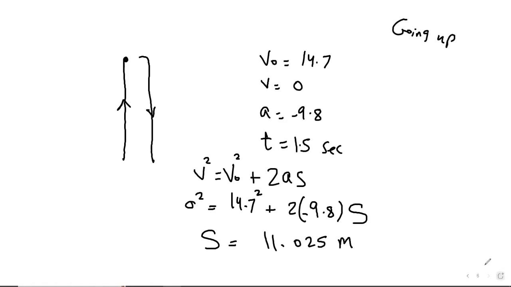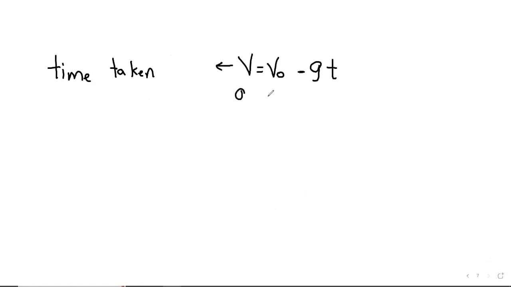That's the maximum height. So to get the time taken to get to the highest point, V equals V initial minus GT, and V final is 0 in this case, so 0 equals V initial minus GT.